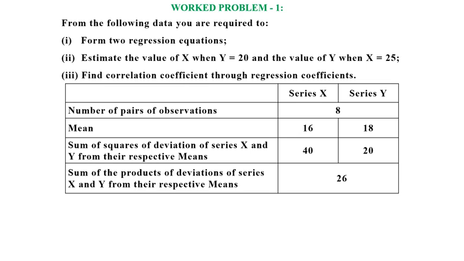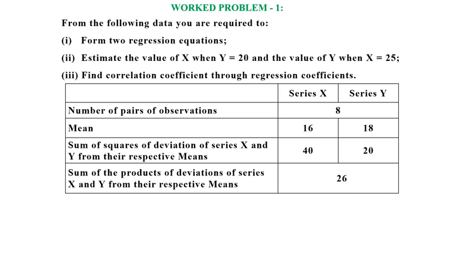Deviations taken from x bar and y bar, we call small x and small y. And squares of deviations, again we call small x square and small y square. Sum of such things means summation of small x square and summation of small y square. Summation of small x square is 40, summation of small y square is 20.